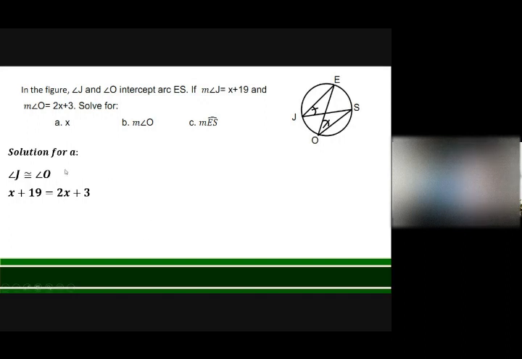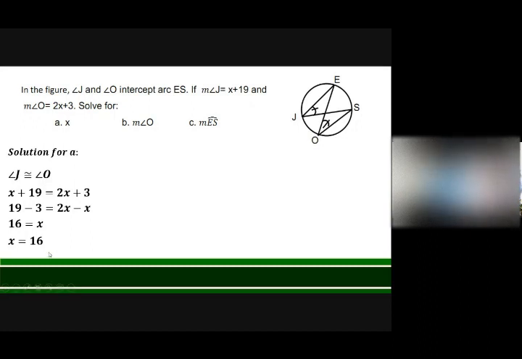Then, magkaroon tayo ng transposition. Yung x, lipat natin sa right. At yung 3, lipat natin sa left. Kung positive x yan, nilipat natin, magiging negative. Kung positive 3, nilipat natin, magiging negative. So, magkakaroon tayo ngayon ng 19 minus 3 equals 2x minus x. So, 16 is equal to x. Or we can say na x is equal to 16.